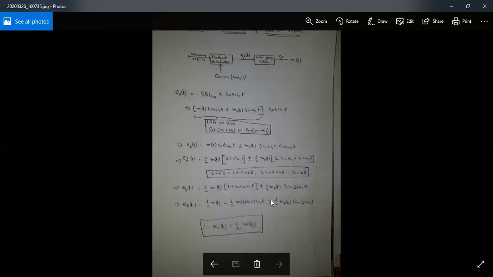By applying these two formulas, we find our destination, that means our desirable signal mt from the modulated wave. It is very simple, so go through the process.